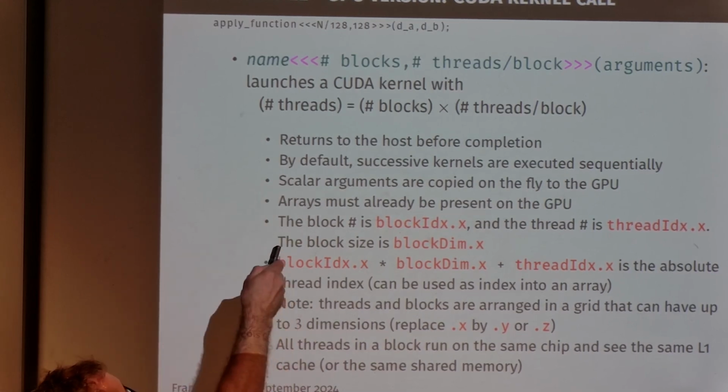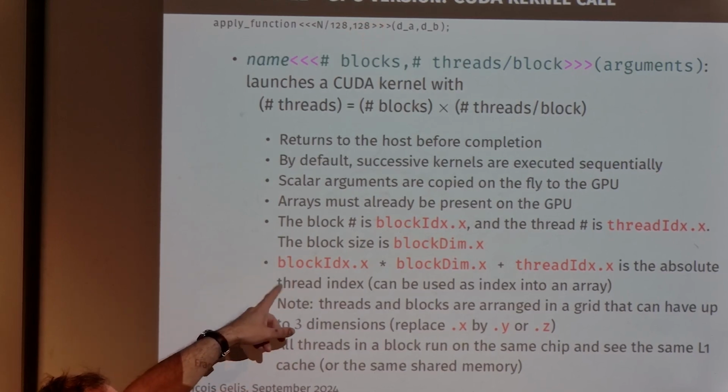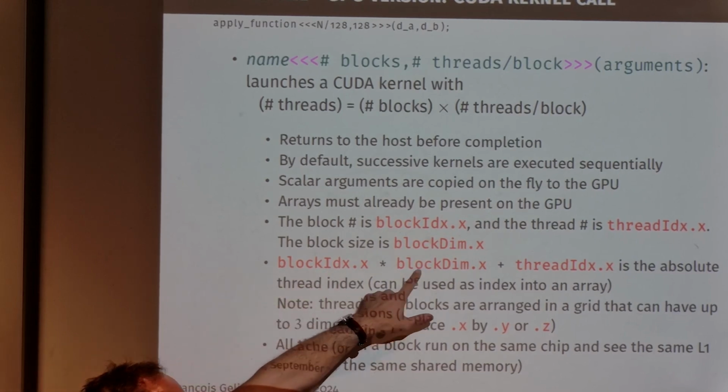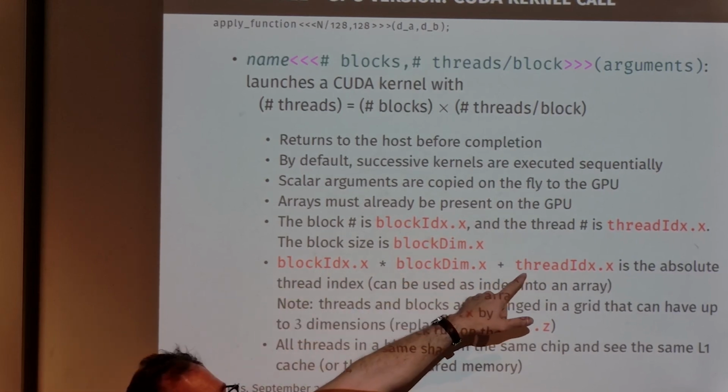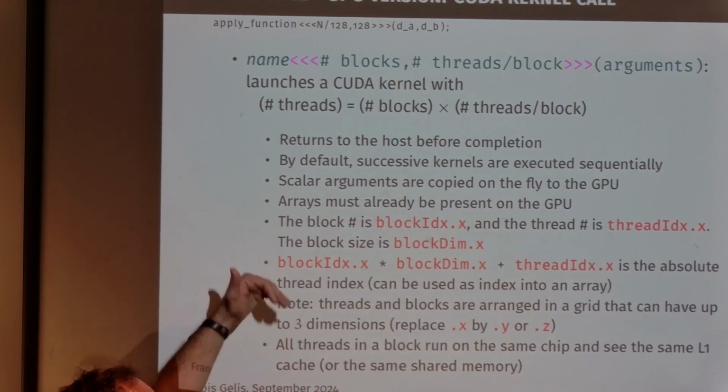And you see that now it's like the usual calculation of an index, which is represented by a certain block number and a certain thread number within the block. It's obtained by multiplying the index of the block by the size of a block, plus the index of the thread within the block. And that gives you the absolute index that you can use in the array.